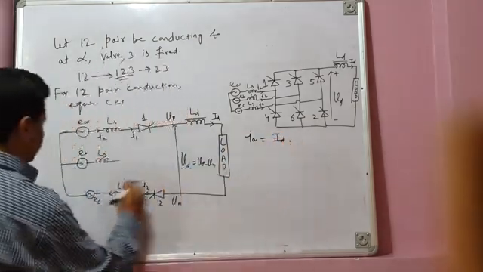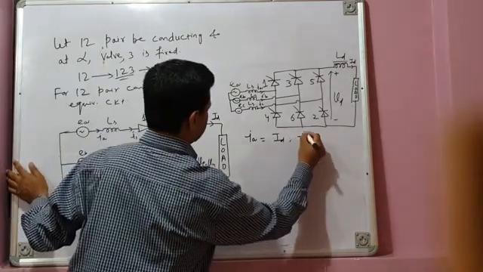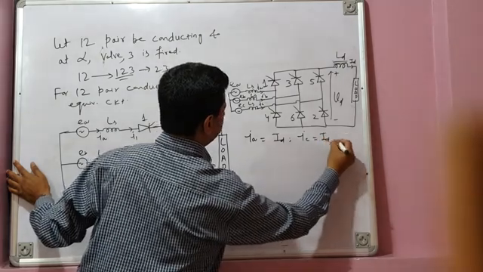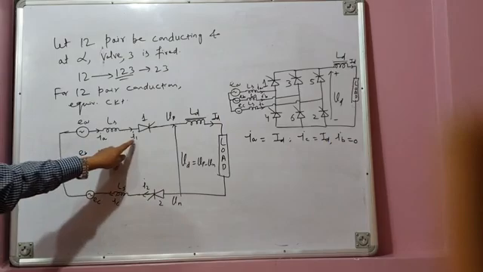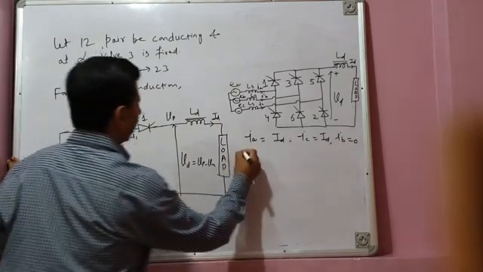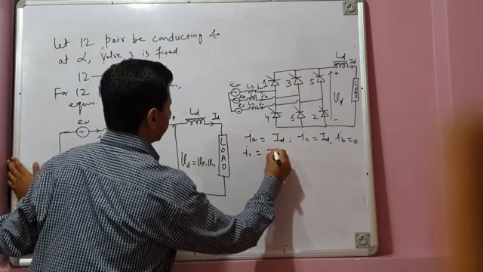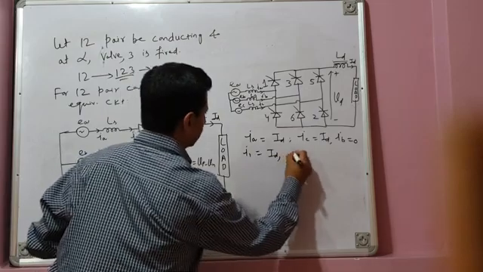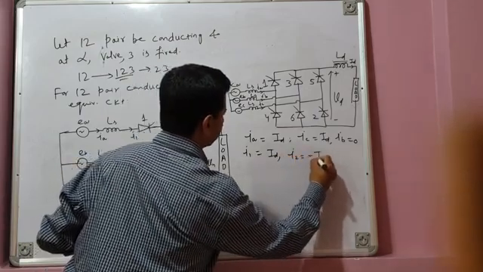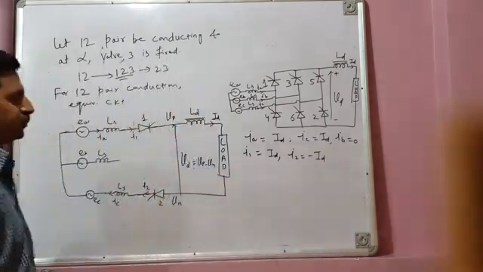What about IC? IC is also equal to ID, and IB, the line current IB, is 0. And what about the valves? Valve 1 is conducting, so I1 is conducting current ID, and valve 2 is also conducting, and I2 is conducting current minus ID, you can see.